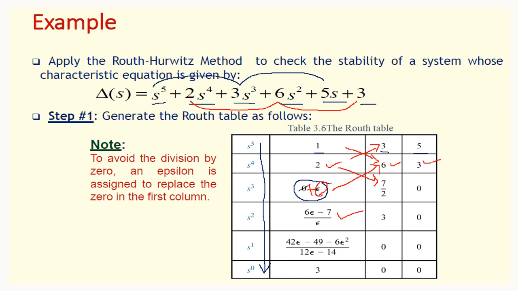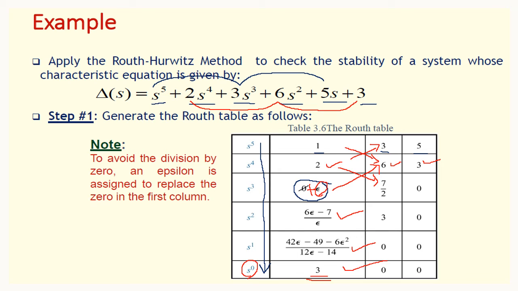We get a further equation, that is 6 epsilon minus 7 divided by epsilon. Again we get further equations and we can solve till s to the power of 0. Understand this: to solve Routh's array we need to solve until s to the power of 0 and we should get some real values. We may get a negative value but there should be some real values.